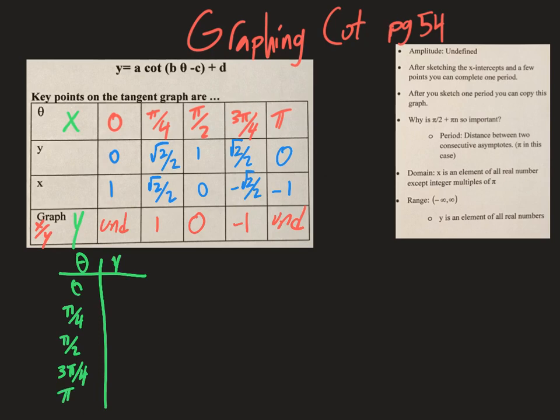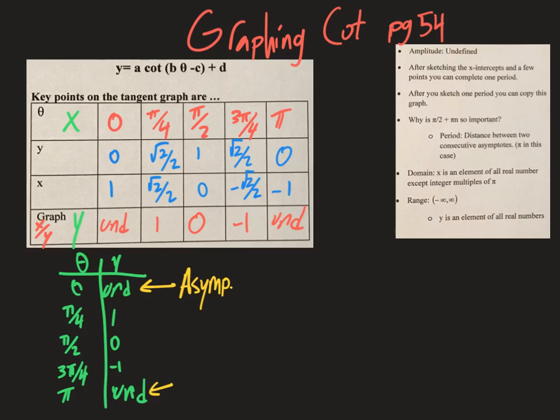The y values are undefined, 1, 0, negative 1, undefined. Same as before, these two undefined points are actually my asymptotes.